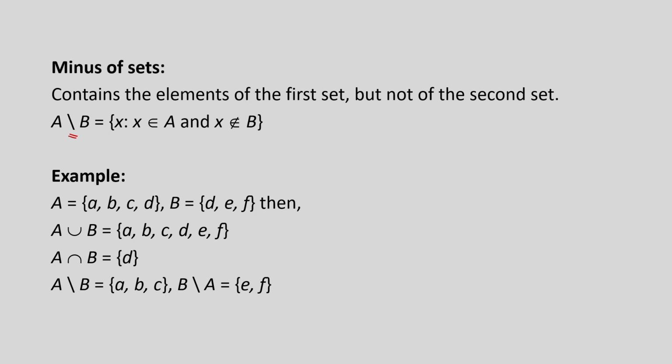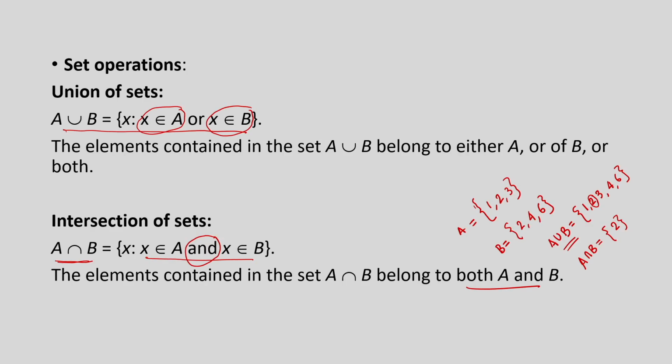So, this is defined as the following, that x is a typical element of this new set, and x satisfies the property that it belongs to A, but it does not belong to B. So, if I take the previous example and if I want to take A minus B, then what will this be? It will be just 1 and 3, right. So, both 1 and 3 satisfy the property that they belong to A, but at the same time they do not belong to B.